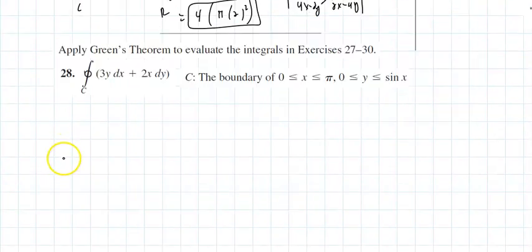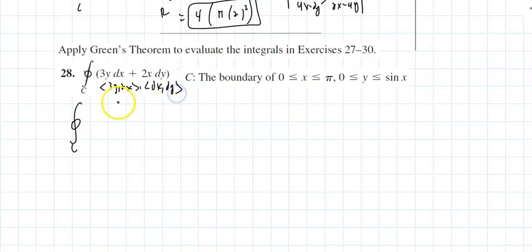And the last problem I'm looking at, they say apply Green's theorem to evaluate the integral. In case you're not seeing what this is, again, I'm never going to stop. Isn't this 3y, 2x dotted with dx, dy? Isn't that F dot dr? What is that called? Isn't that work again?